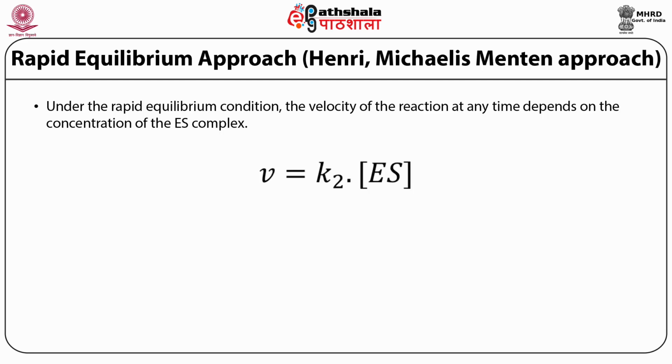The first point is the concentration of the ES complex. The second point is the rate at which this ES complex is converted into the product, where K plus 2 is the catalytic rate constant of converting ES into the product. So the velocity equation is V0 is equal to K plus 2 into ES.